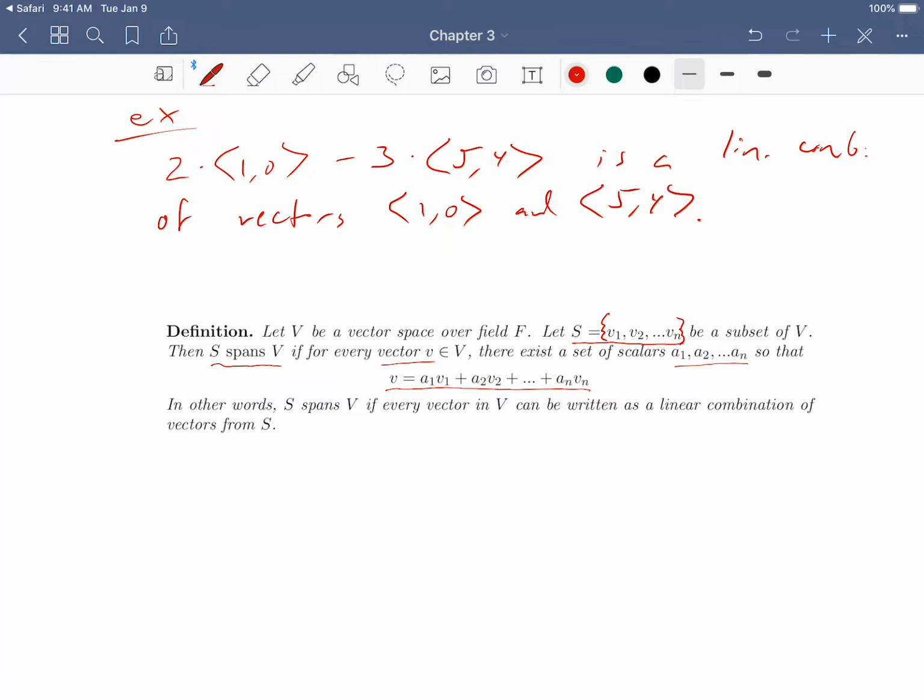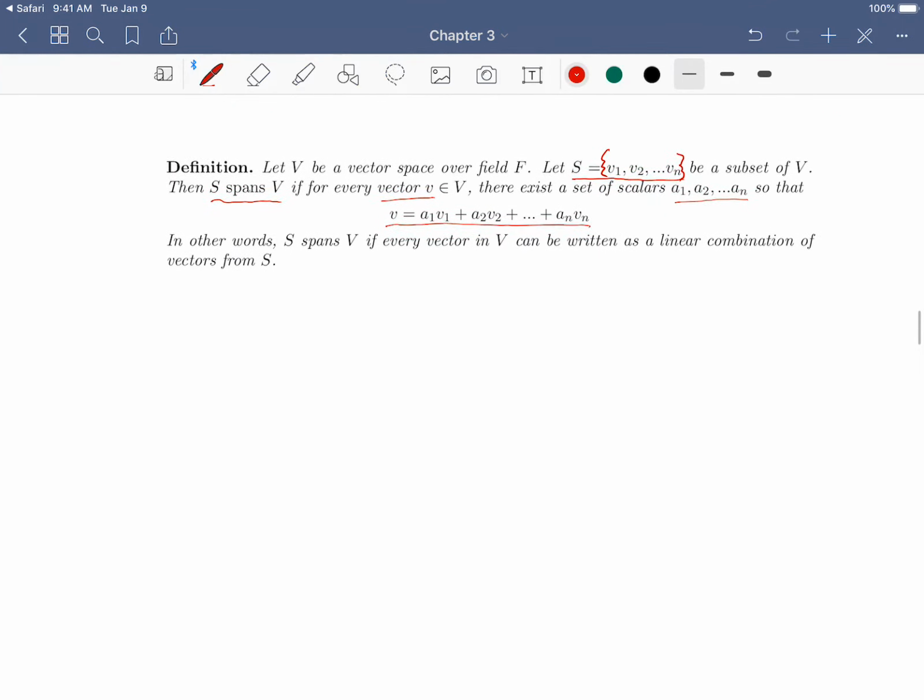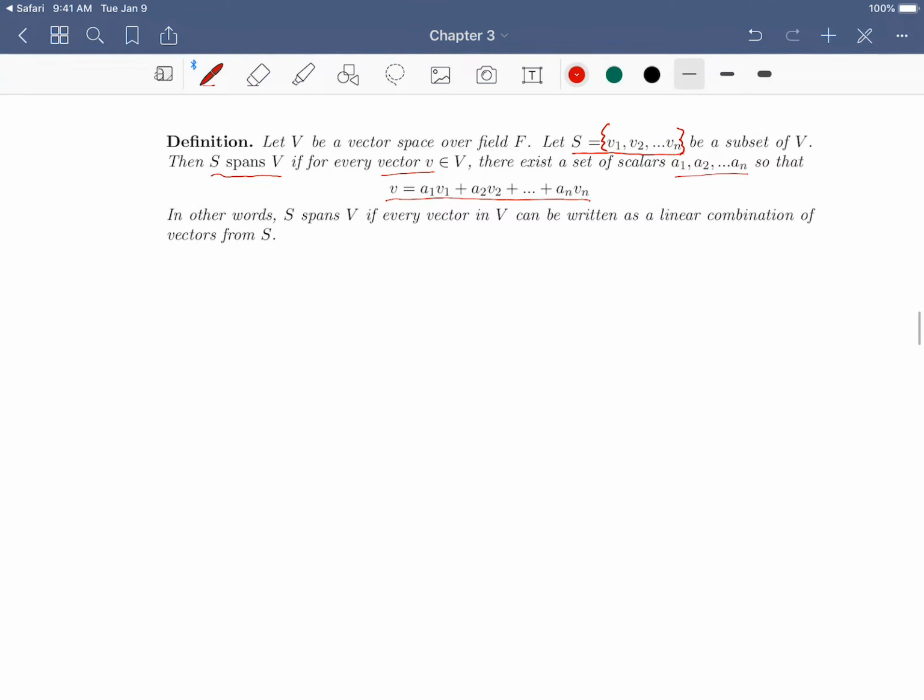Okay, so in more words, fewer symbols, S spans V if every single vector in V can be written as a linear combination of vectors from S. We're thinking of that set S at the top as our building blocks. They're vectors from V, but it's only a small, finite collection of them in the way this definition is written.